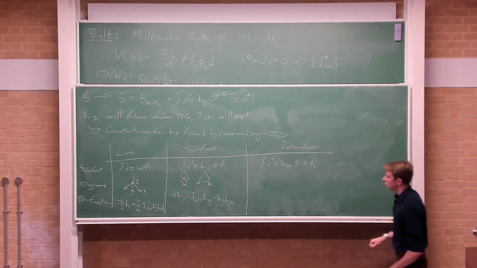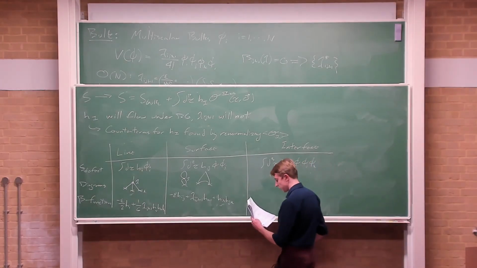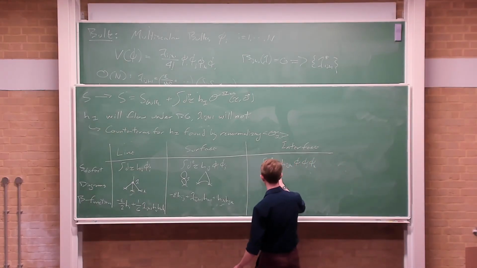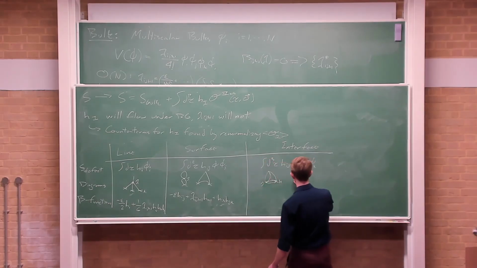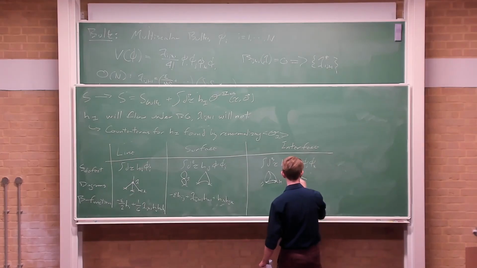And then here we will again get 2 diagrams, one with a single lambda and an h, and then one now with 3 defect couplings.